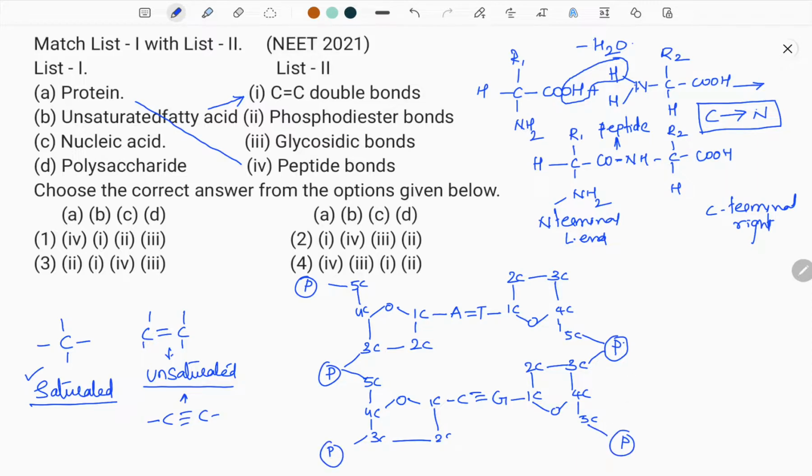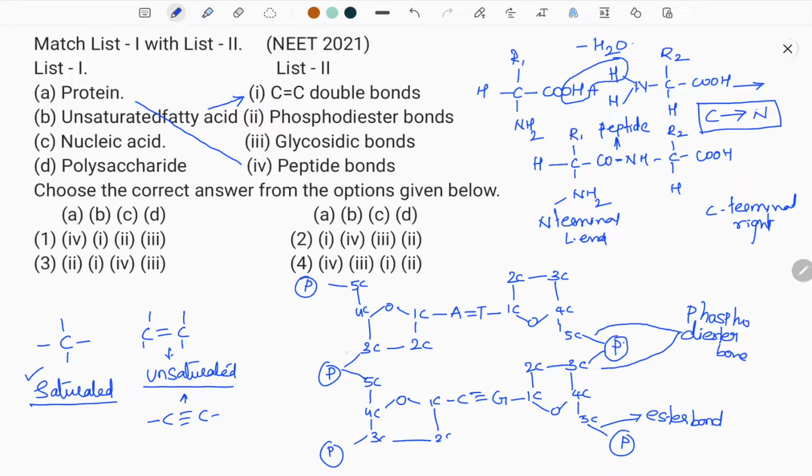So the bond present between phosphate and the fifth carbon of the sugar molecule is called an ester bond, and when two ester bonds are present, at the third carbon and fifth carbon of the sugar molecule, these two ester bonds are called a diester, so we call it the phosphodiester bond.